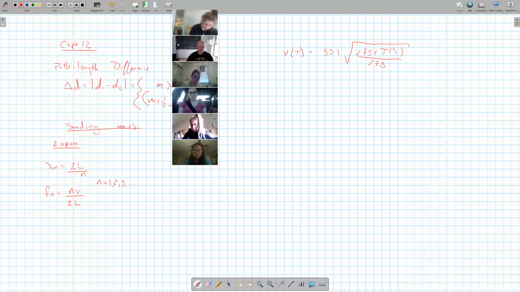For one open and one closed end, here we saw the wavelength was equal to 4 times the length divided by the harmonic, and the frequency is equal to the harmonic times the velocity divided by 4 times the length, where here n is now only odd integers instead of all integers.